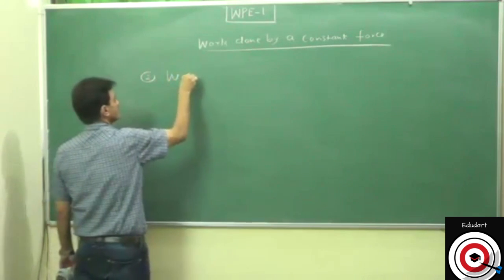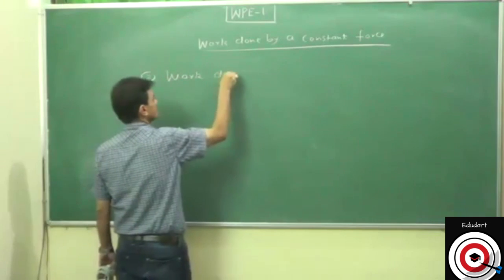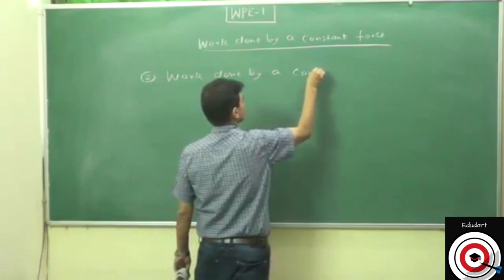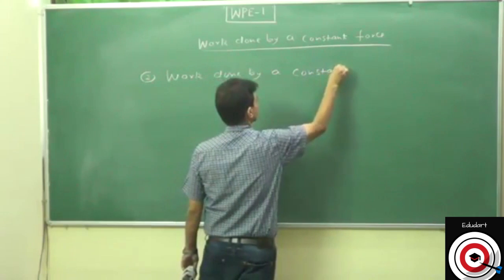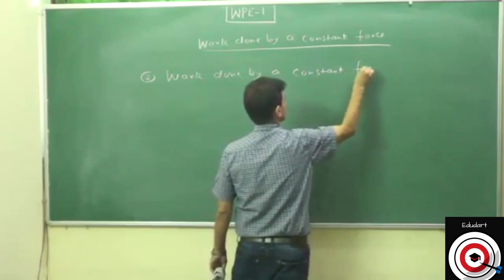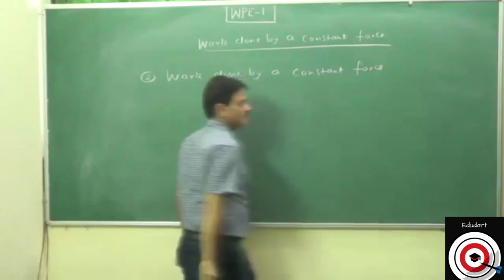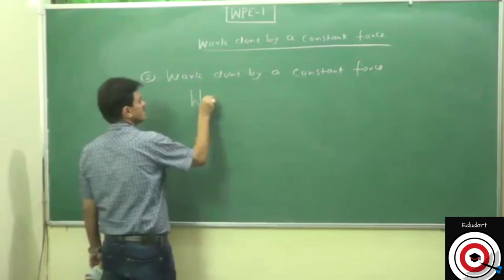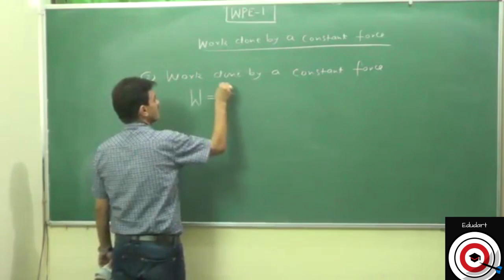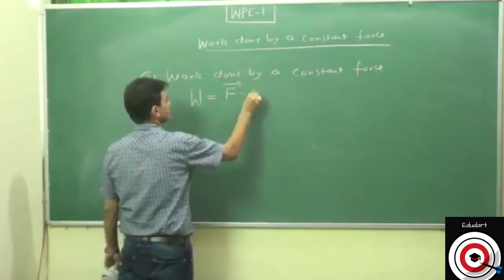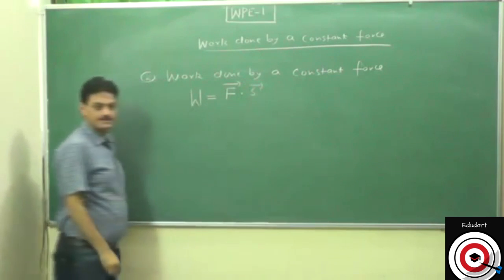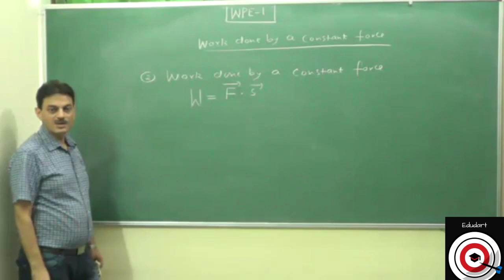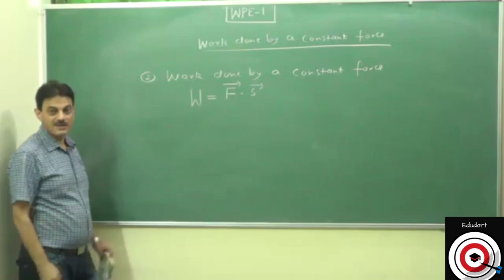Work done by a constant force. W is the dot product of force and displacement, and dot product is always a scalar quantity.